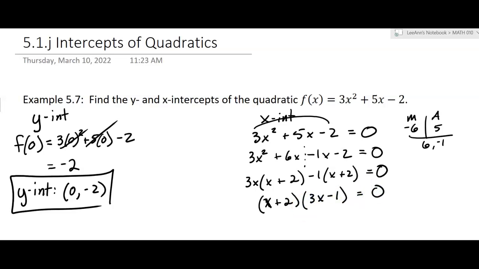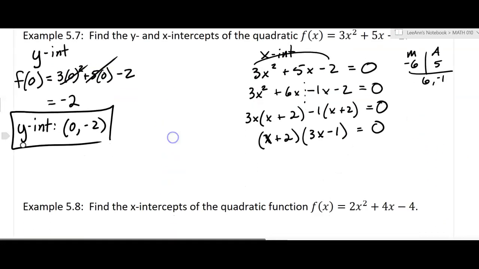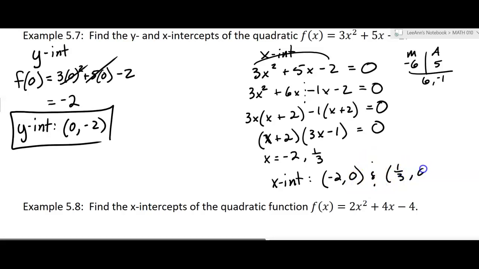So I get x values: x could be negative 2 or 1/3. So my x-intercepts, there's two of them, not surprising for a parabola, and they are (negative 2, 0) and (1/3, 0). Those would be the x-intercepts.